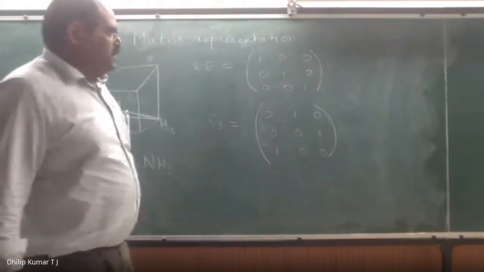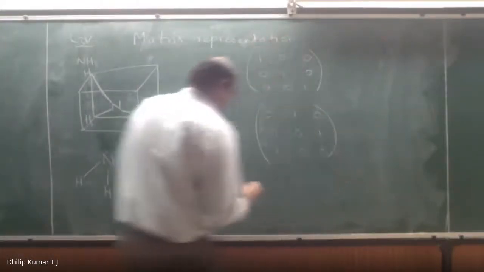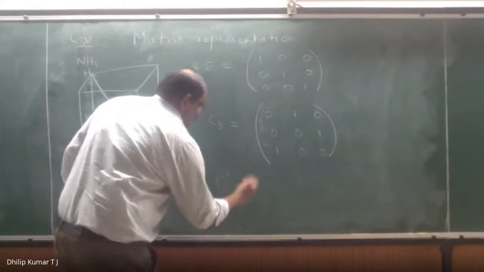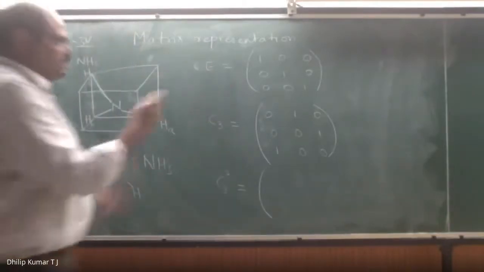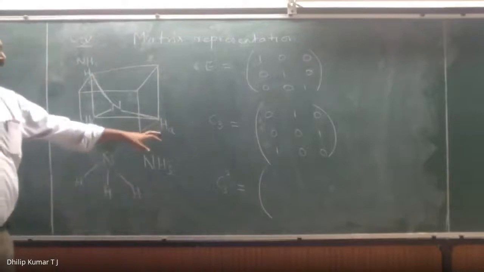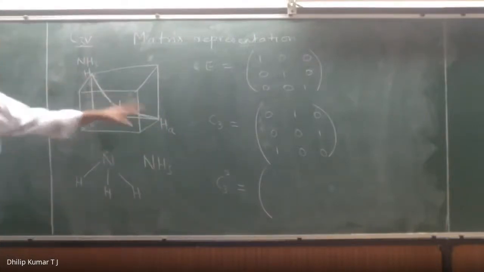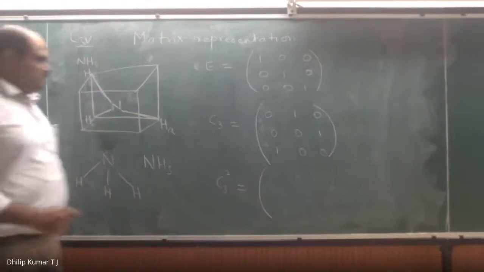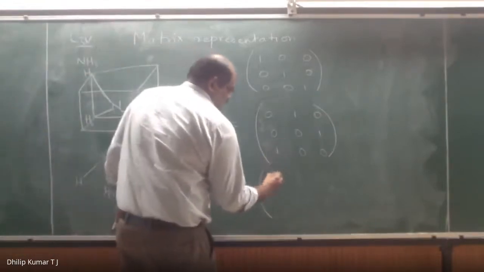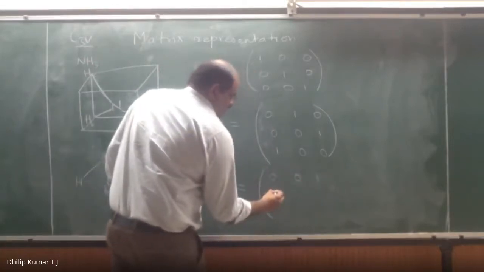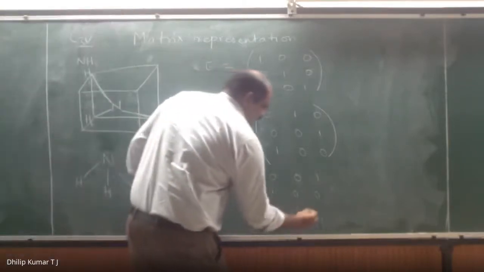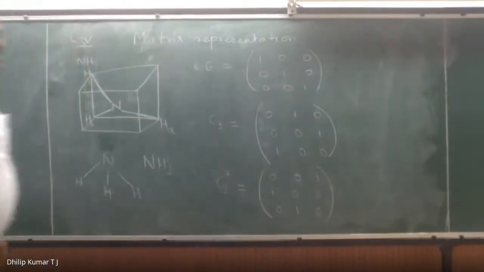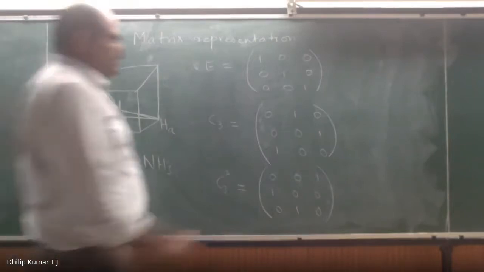So this is for C3, and then C3 squared, we can write from the starting one. For C3 squared, two places it will shift. HA will come to this place, HB will come to this place, and HC will come to this place. So HA is 0, 0, 1, then 1, 0, 0, and 0, 1, 0. So C3 squared can be written like this. Now the sigma plane. So let's try.